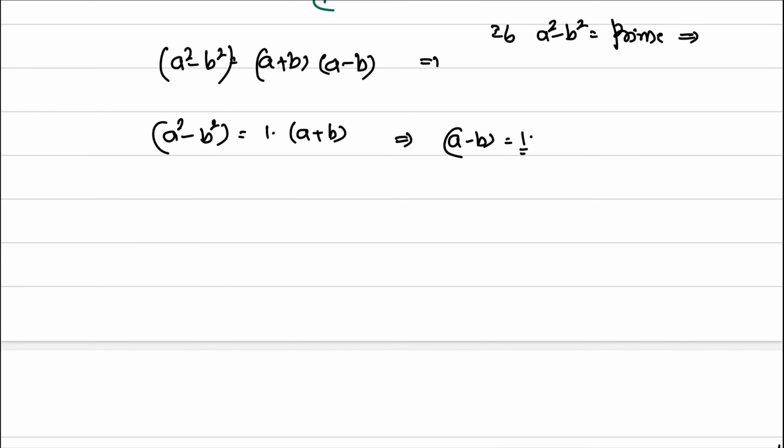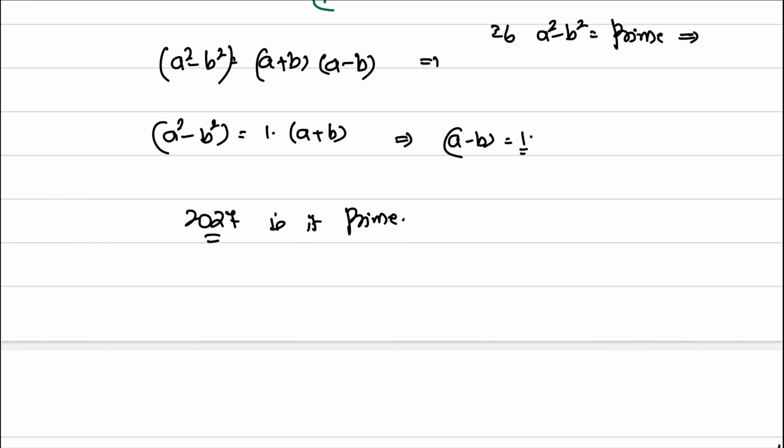Please cross-check, with a minus b at nearby values, a square minus b square: whatever number is given, is it fitting in this or not? For example, here 2027, is it prime? That is what is required to be found out.